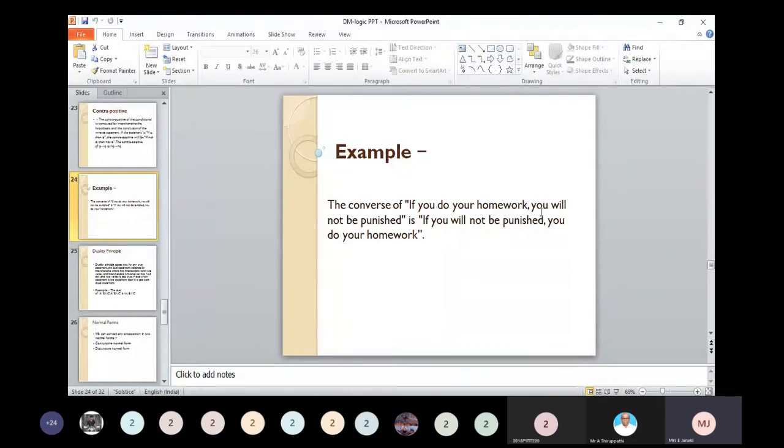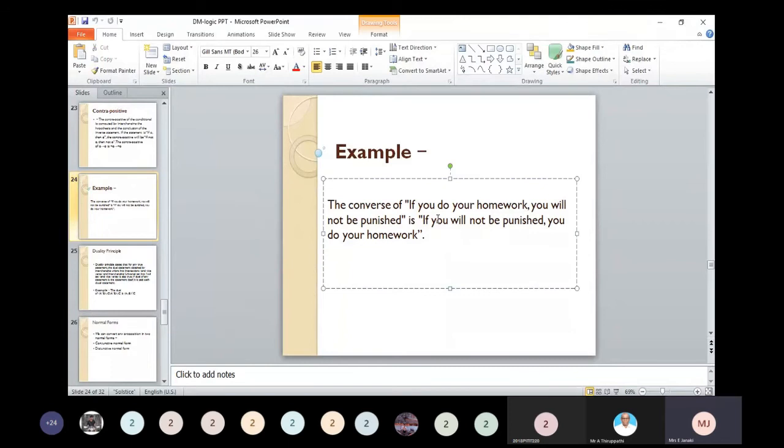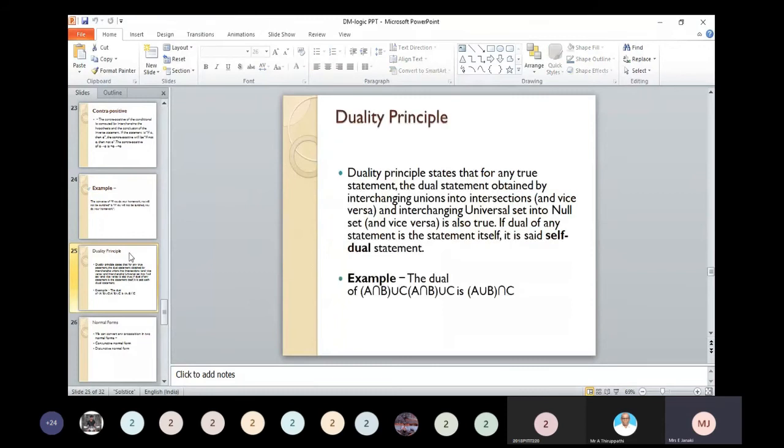So if negation Q means, if you will be punished, then the negation of the hypothesis. The given statement, you do your homework, is the given one. The negation is you do not do your homework. Okay, this is the contrapositive.